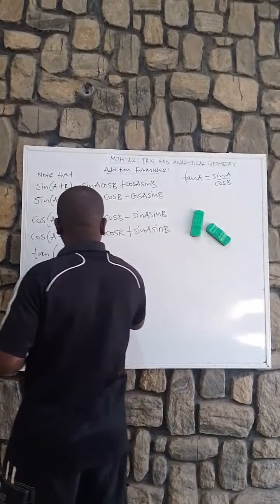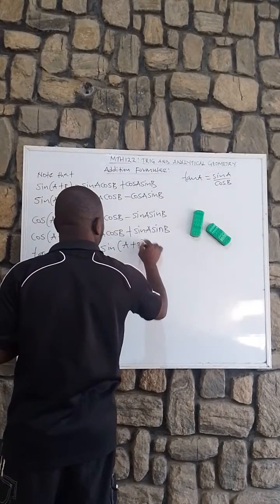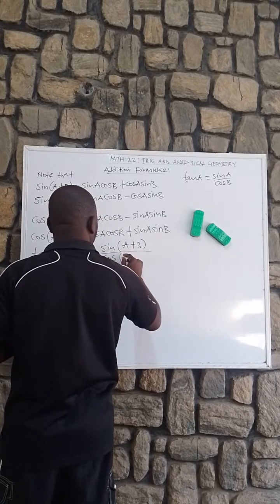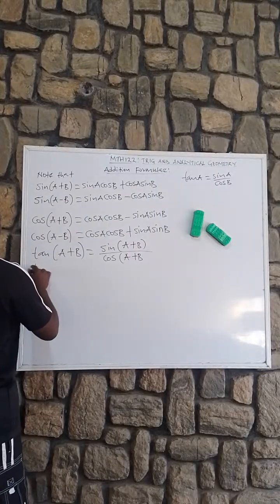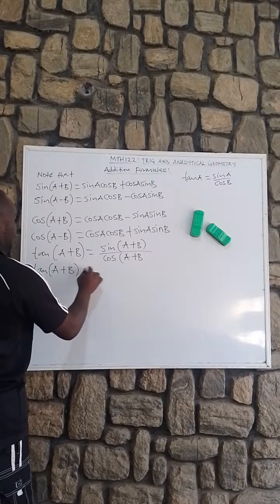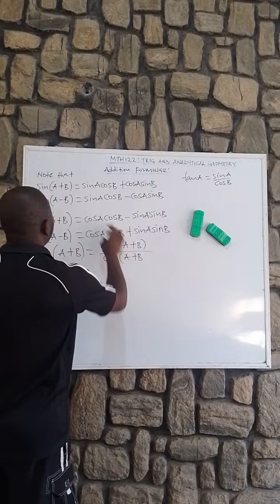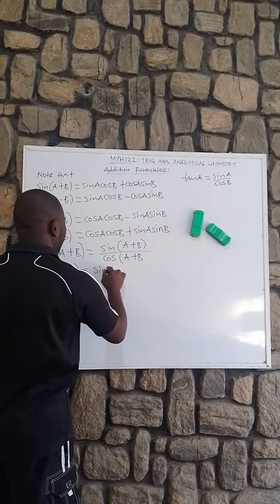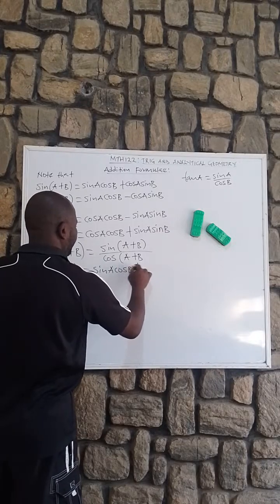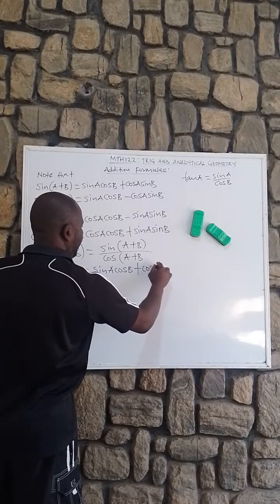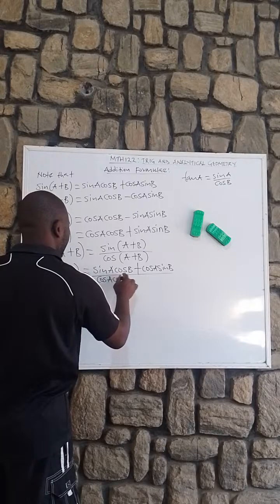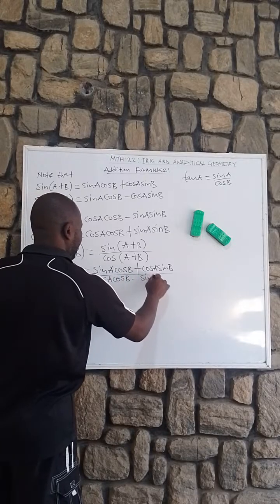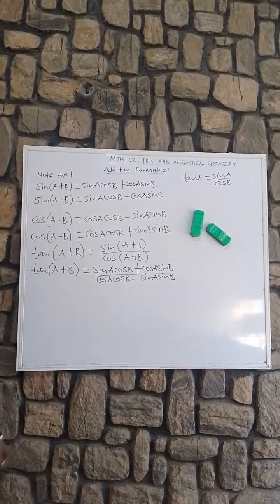So tan of A plus B is equal to sine open bracket A plus B all over cos open bracket A plus B. Sine A plus B is sine A cos B plus cos A sine B, all over cos A cos B minus sine A sine B. Amen?